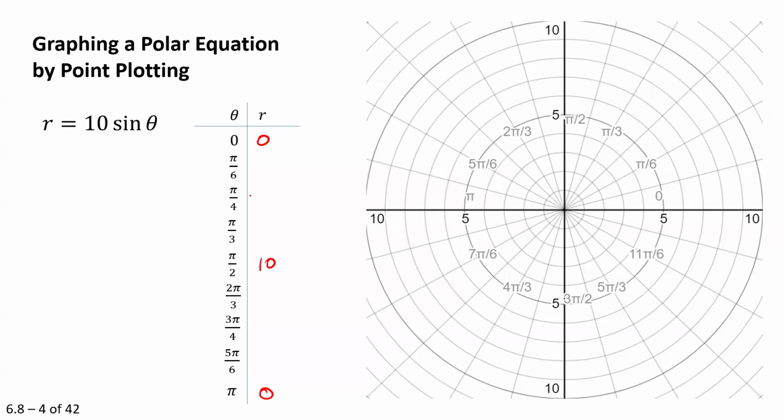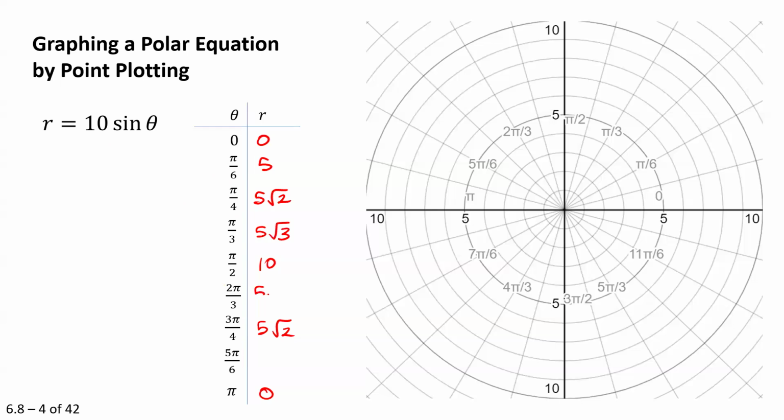Sine of pi over 4 is square root of 2 over 2, so that's going to be 10 times square root of 2 over 2. The 10 and the 2 will cancel out, and I'll just get 5 square root of 2. 3 pi over 4, the sine of that is also square root of 2 over 2, so I'm going to get the same answer here. Sine of pi over 6 is 1/2 times 10 is 5. Sine of pi over 3 is square root of 3 over 2, which times 10 is 5 times square root of 3.